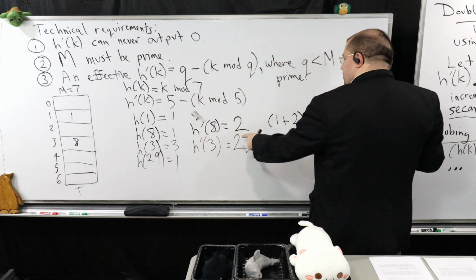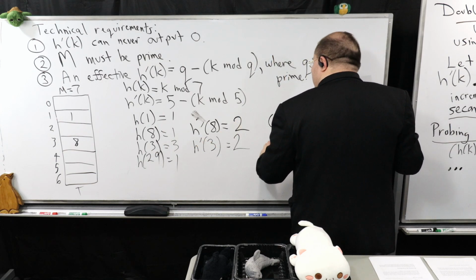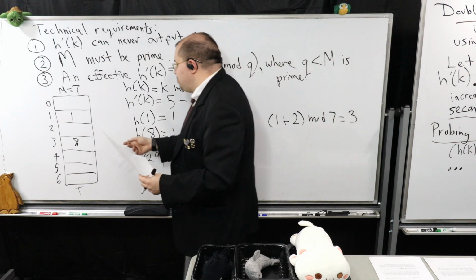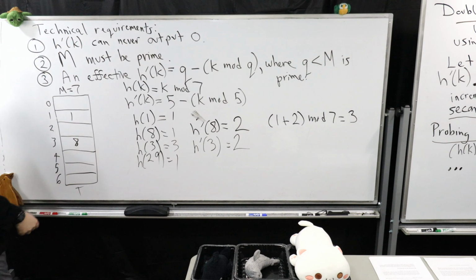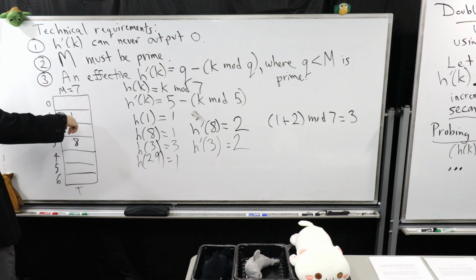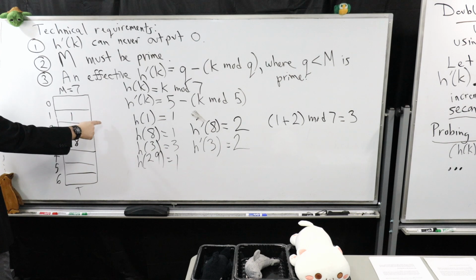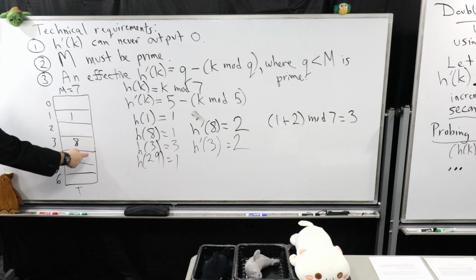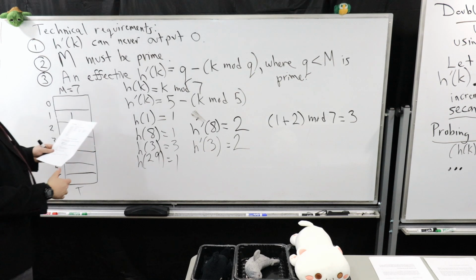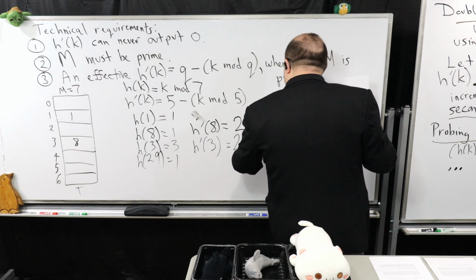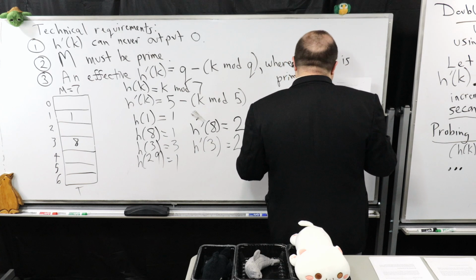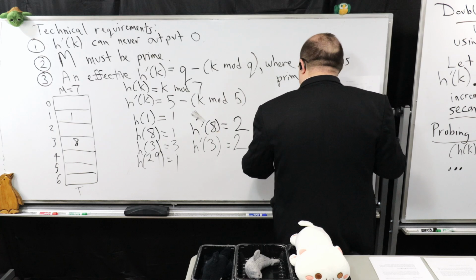So now notice that this is the same number here. So you know right away that when I attempt to place 3, it's going to go right here and hit a collision, then I attempt to apply it here and get another collision. So I know right away that I'm going to have to do another hop. I'm at position 3, right?